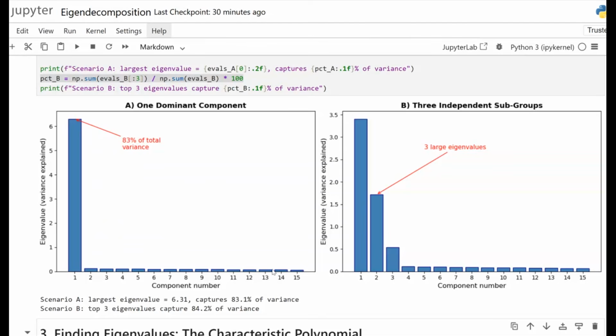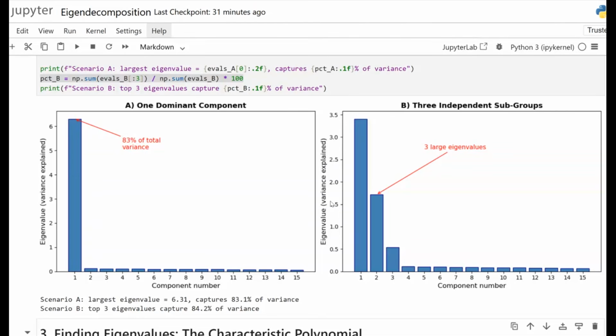Think of 15 different cryptocurrency prices that all go up and down with Bitcoin. The data is effectively one dimension, and PCA will compress it with minimal information loss. The scree plot shows a sharp elbow after the first component.